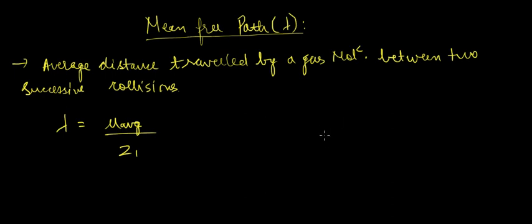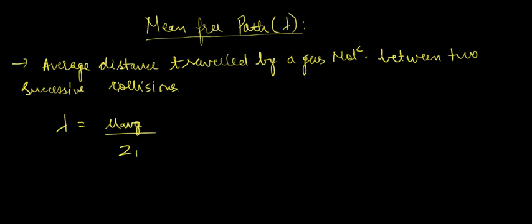This was case 1, and in case 2 we considered that two of the gas molecules were moving, so we took the relative velocity or relative U average of the two, and then we considered that all the gas molecules were moving.